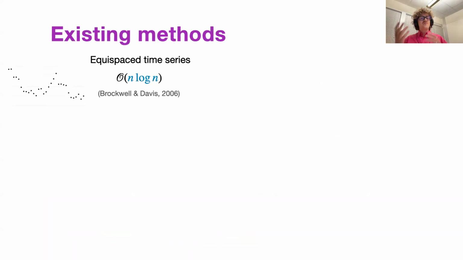So okay, before I introduce our work, I'll give a brief roadmap for existing methods and the type of improvements that we can hope to achieve in these spectral modeling settings by using the fast transforms that I'll discuss in the talk. So for data measured on a grid, like a time series that's measured at regular time intervals, you can just use the fast Fourier transform, the FFT, to move between spectral and physical space, right?